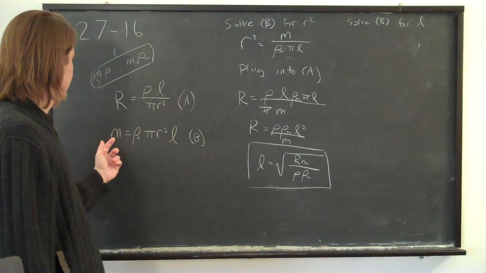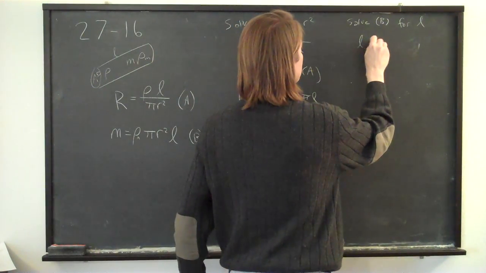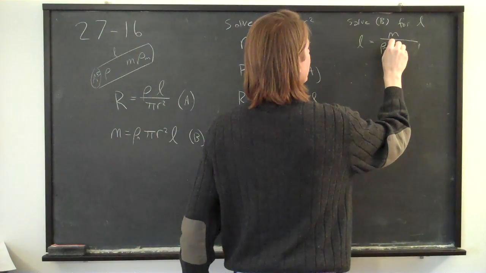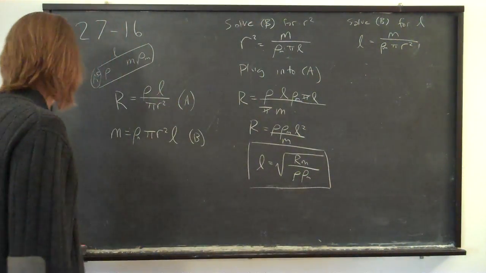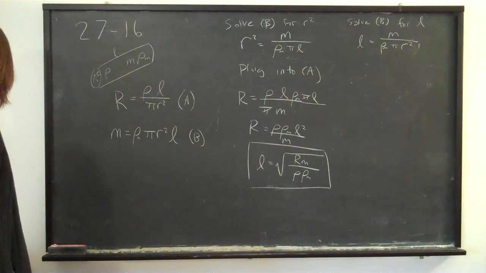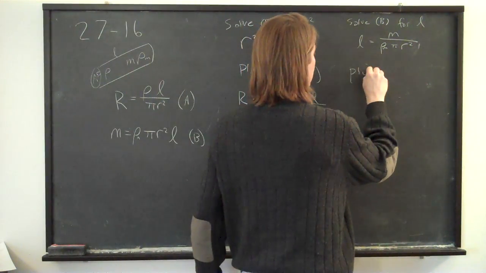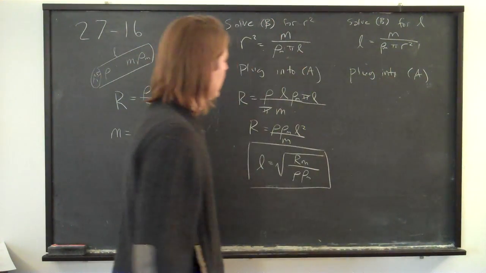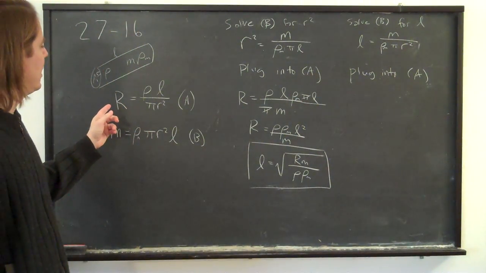Well, L is m over rho m pi r squared. L is m over rho subscript m pi r squared. Okay, and then plug into A. So we come back here and A looks like that.